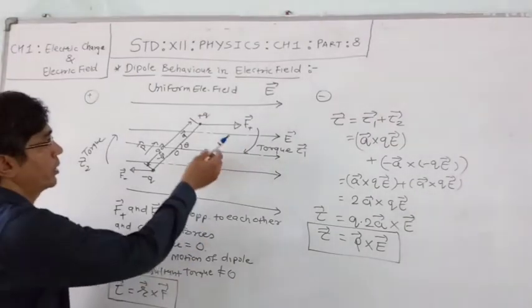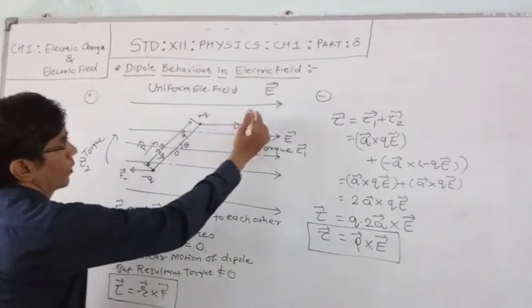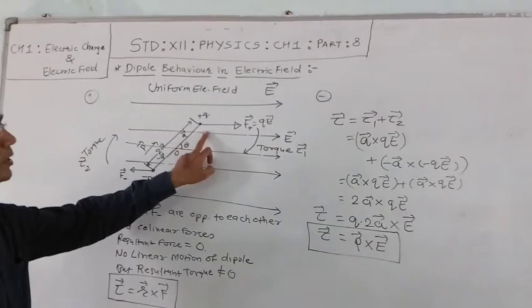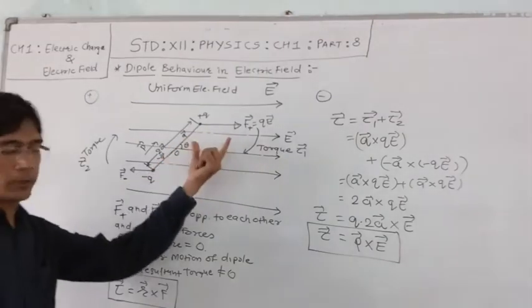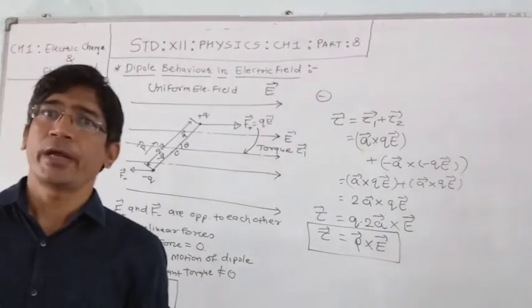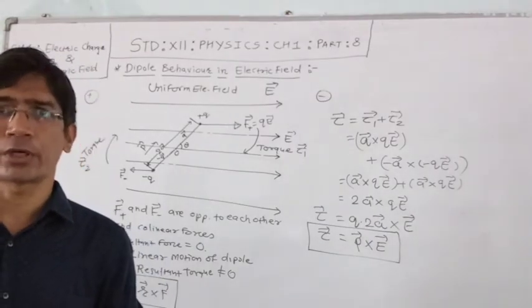Here the torque exerted is a cross qE, where F is equal to qE. We can define the direction of the torque by using the right hand screw rule or the rules of the cross product.